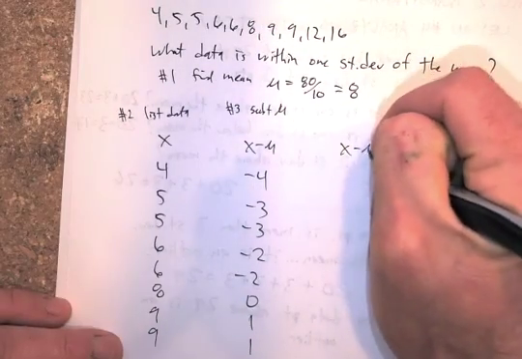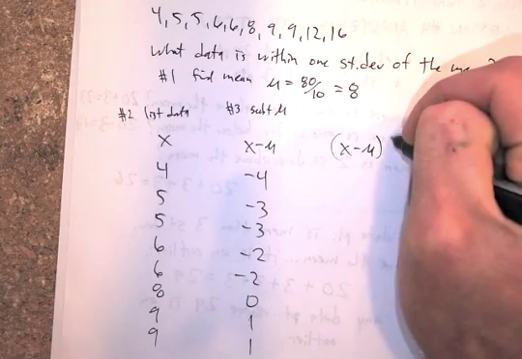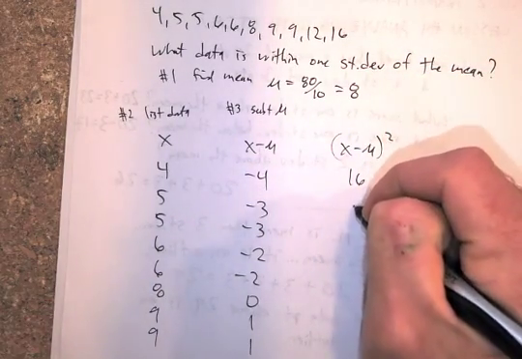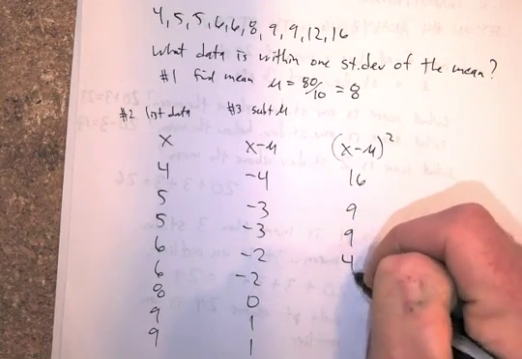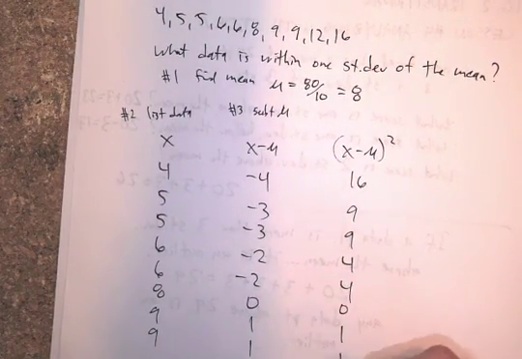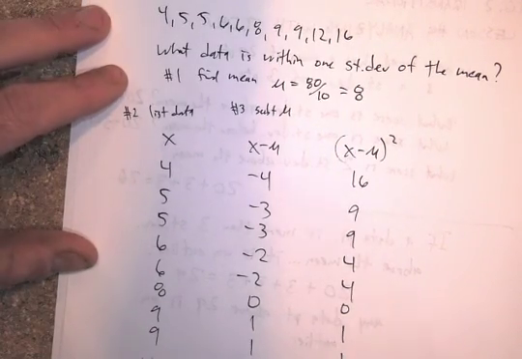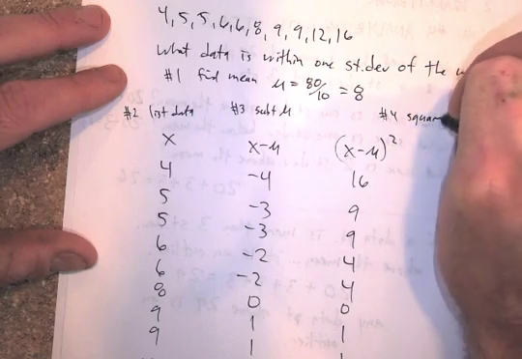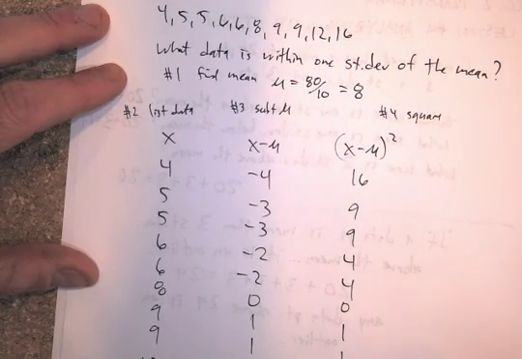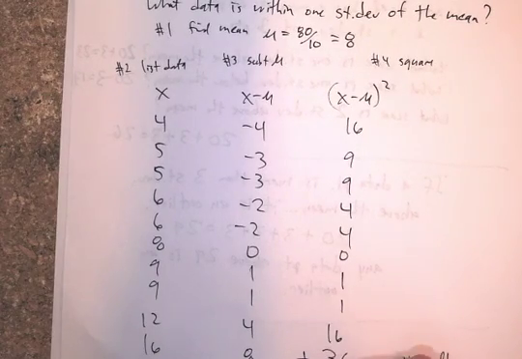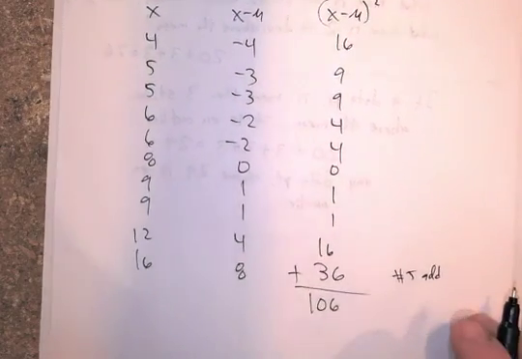Square them. 16, 9, 9, 4, 4, 0, 1, 1, 16, 36. That was step 4, square. Step number 5 was add them. I did this already, guys. Got 106. Hopefully my math is right.